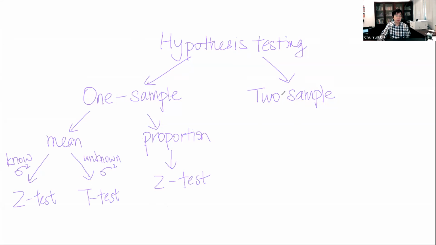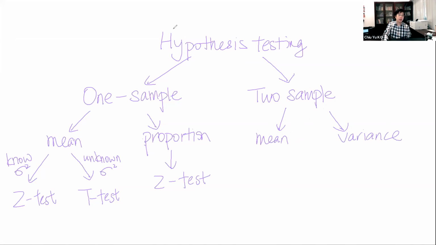And for the two sample tests, here we focus on unknown sigma square, so we use t-test. Maybe I erase a little bit. Here we also have two things, mean and variance.